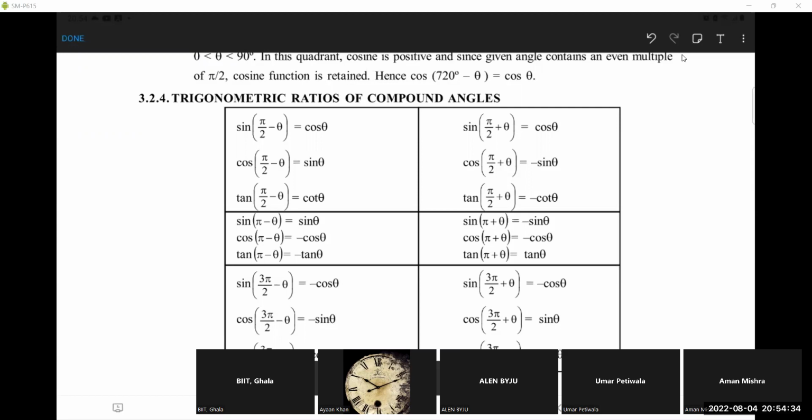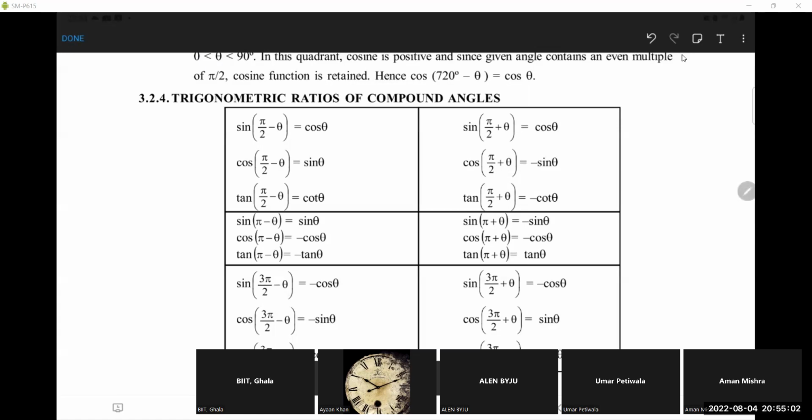You can see that sin of 90 minus theta is cos theta, and cos of 90 minus theta is sin theta. Pi by 2 means 90. Cos of pi by 2 plus theta is minus sin theta, sin of pi minus theta is sin theta, and 3 pi by 2 minus theta. So 3 pi by 2 means 270.